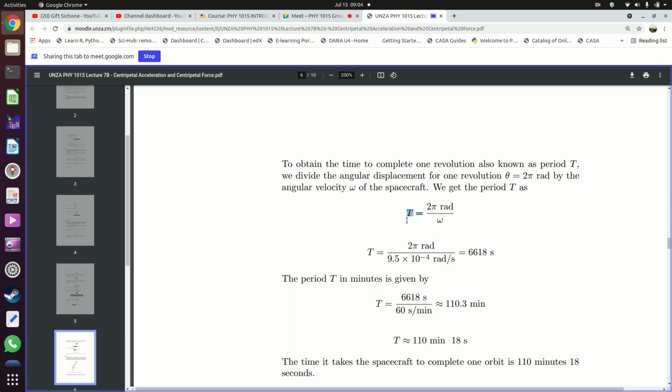That's going to be the period. So the period is going to be equal to 2 pi divided by omega. That's what we have found here.